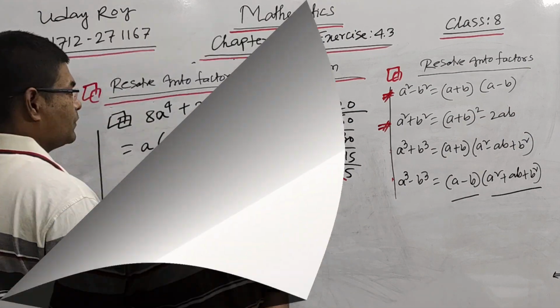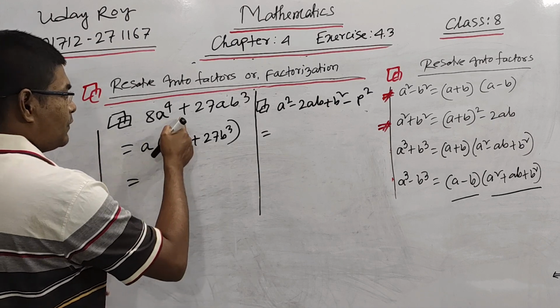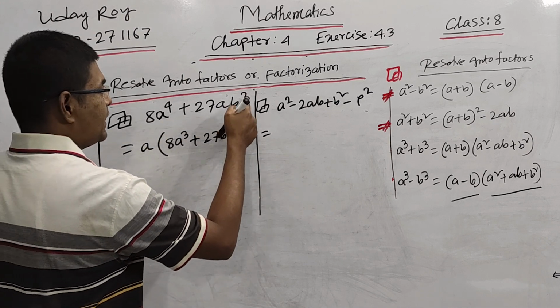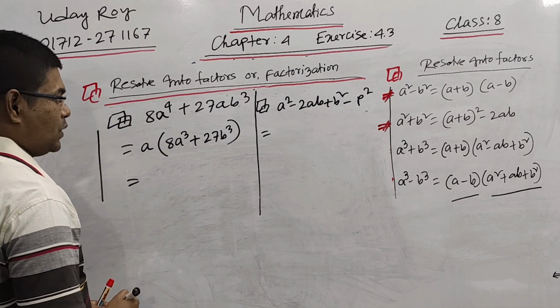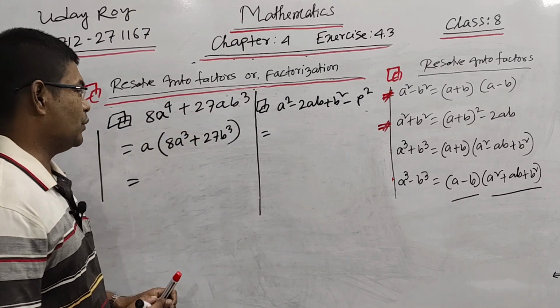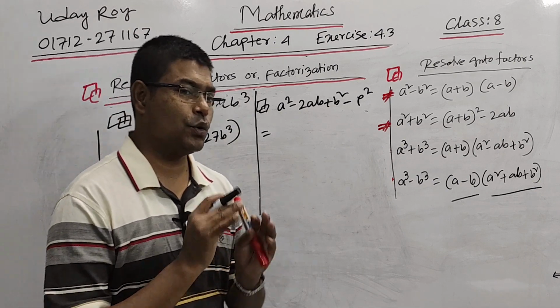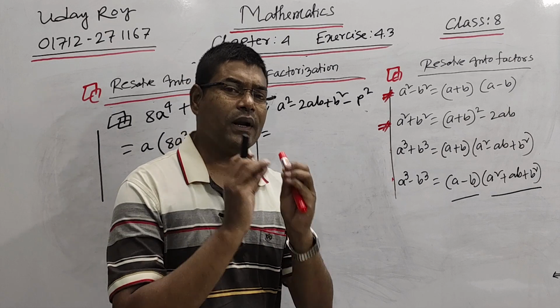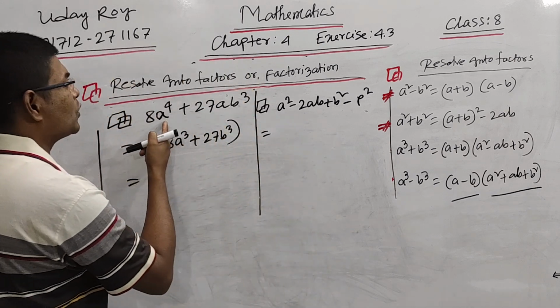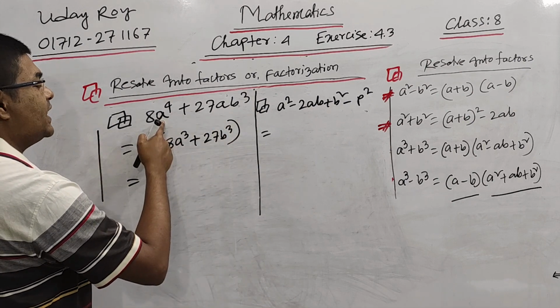This maths is done. Here is 8a to the power 4 plus 27ab cube, resolve into factors. At first you have to try to convert into square or cube, but here is a to the power 4, here is cube.